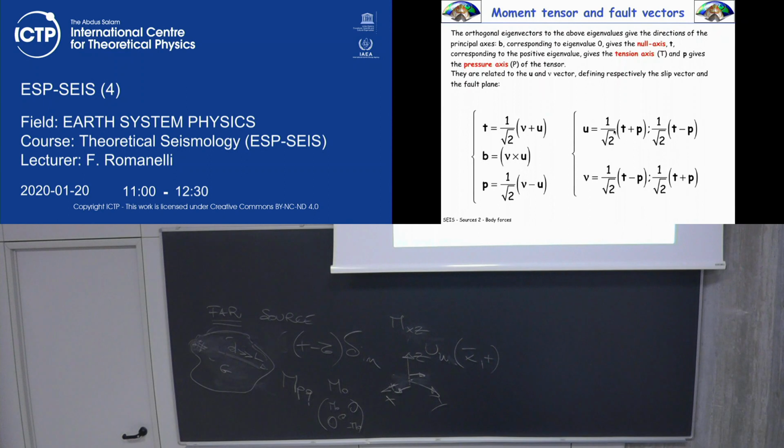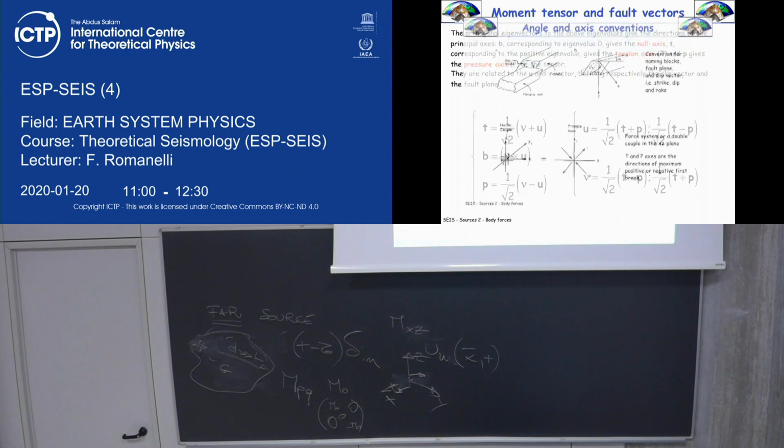In that system, M_pq becomes diagonal, by definition. How to find them? It's related to the direction of u and n. It's just a different representation, and these two systems are equivalent. Remember, for fault definition, we have just n and u. That's the physics; the rest is math.